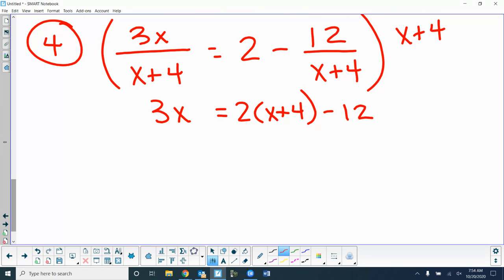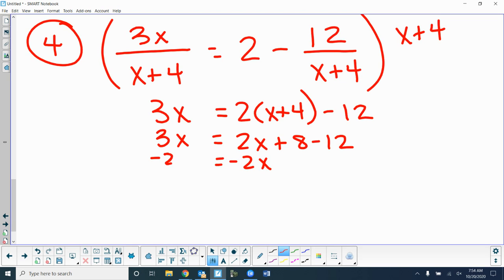Now it's a pretty easy problem. Distribute your 2, and then get x by itself. I'll bring the 2x over. I'll get x, and then 8 minus 12 is a negative 4.